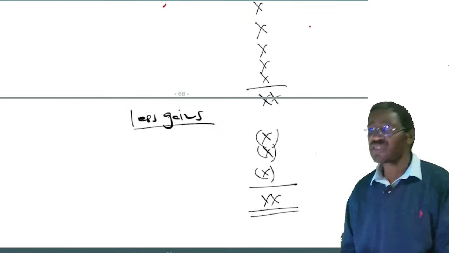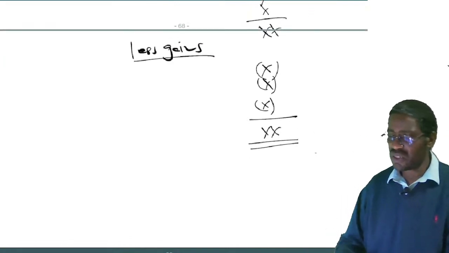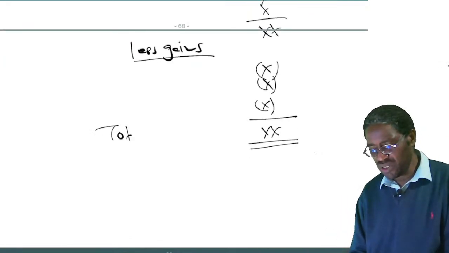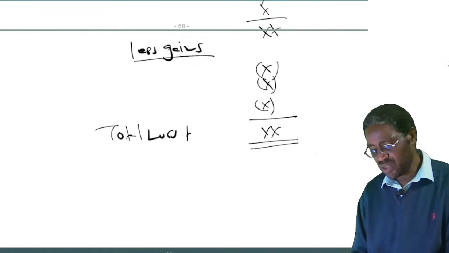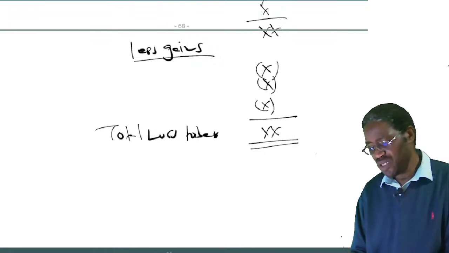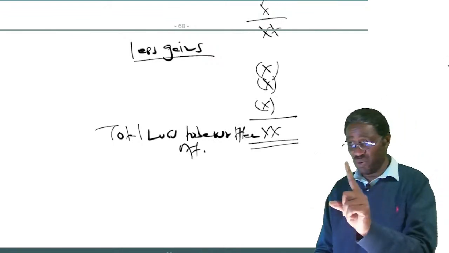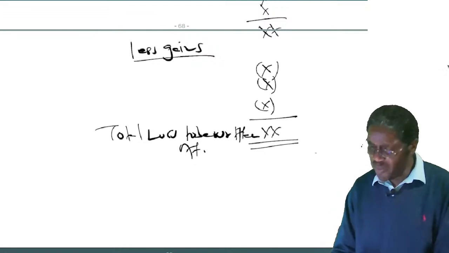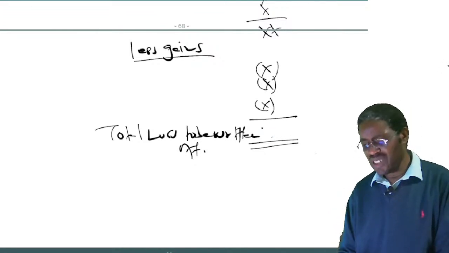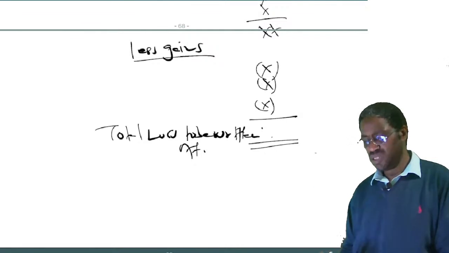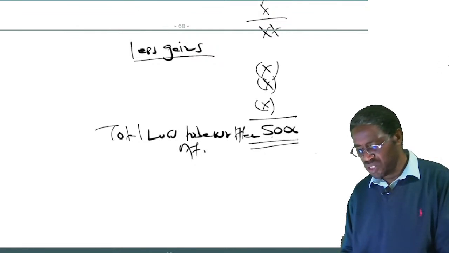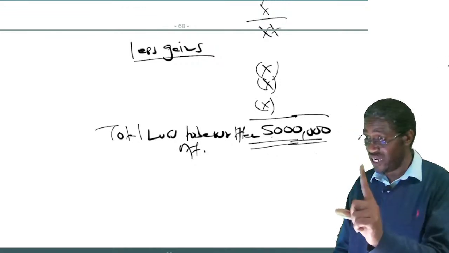Whatever is the net becomes what we are now calling the total loss to be written off. That's step number one. For purpose of illustration, let us assume the loss that you got is 5 million.